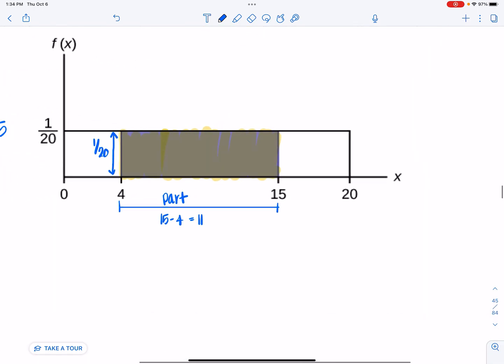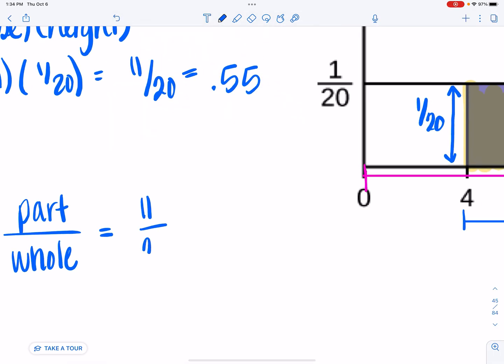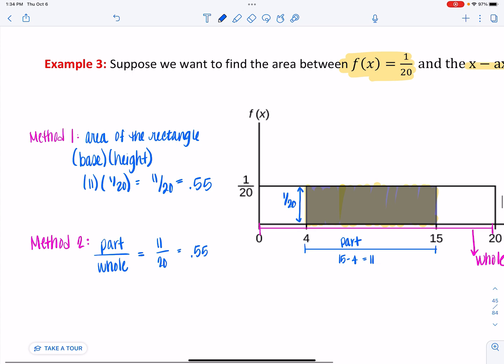The whole is the length of the rectangle for our function. Again, either way you choose, you end up in the same place.